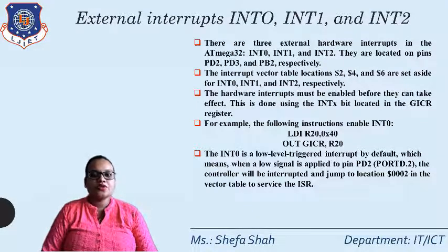For example, if we want to generate the INT0 interrupt, we load the sixth bit with 1 and the rest of the bits with 0, so we have the data 0x40. So at bit number 6, that is the INT0 pin, whenever we need to enable this external interrupt, the INT0 bit will be set to 1 in this GICR register, using the in and out register instructions.